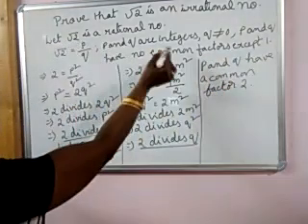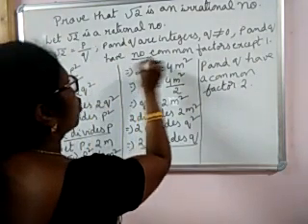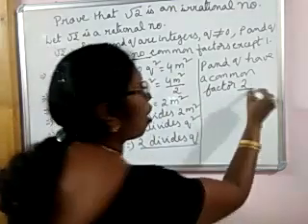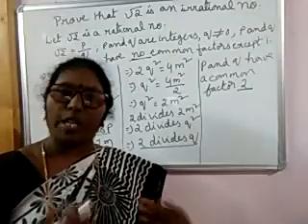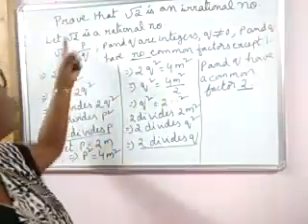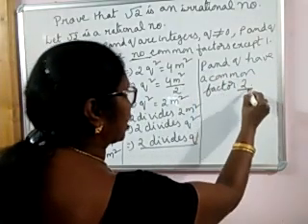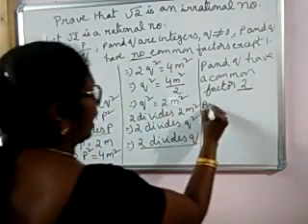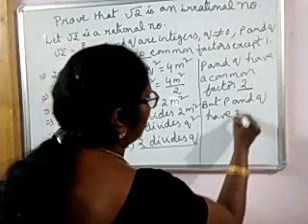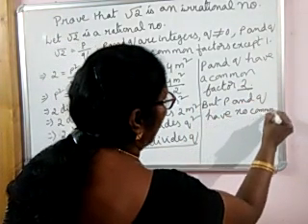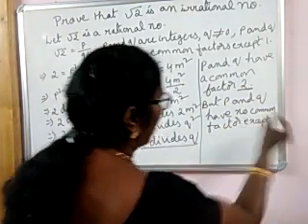But we know that P by Q is a rational number, and it has no common factor. But we got the common factor 2. That means our supposition is wrong. What we thought is wrong. We thought that root 2 is a rational number. P and Q have no common factor except 1.